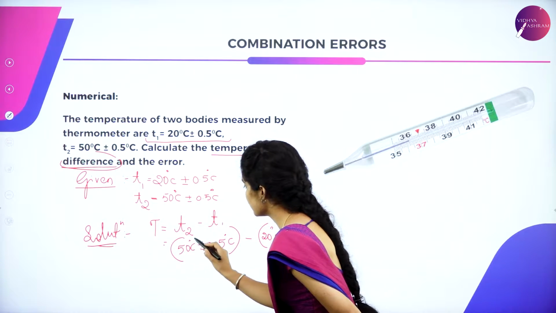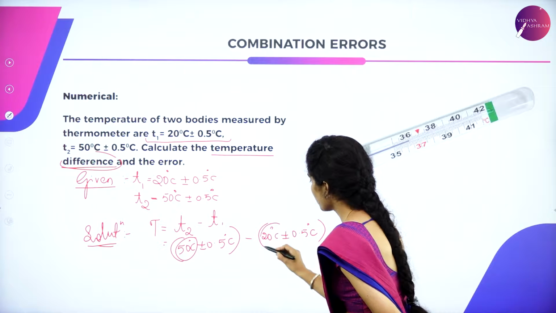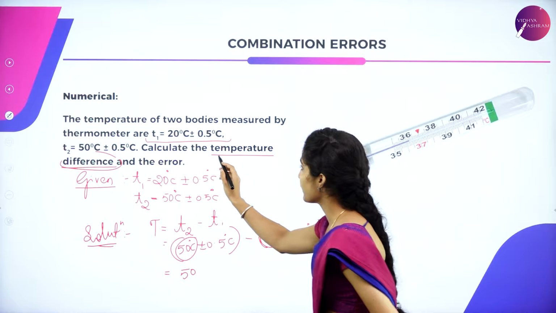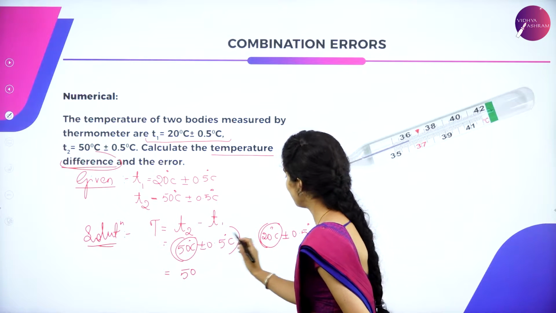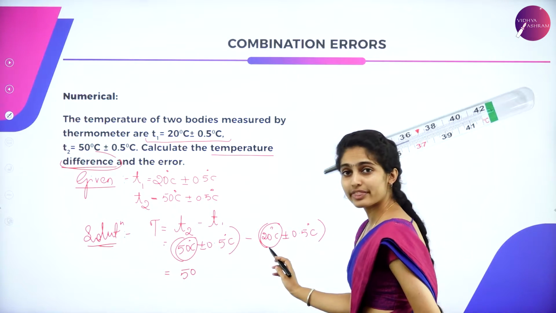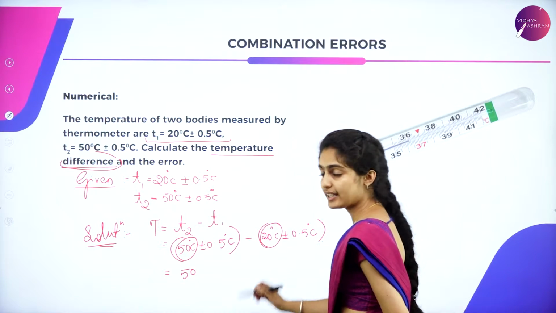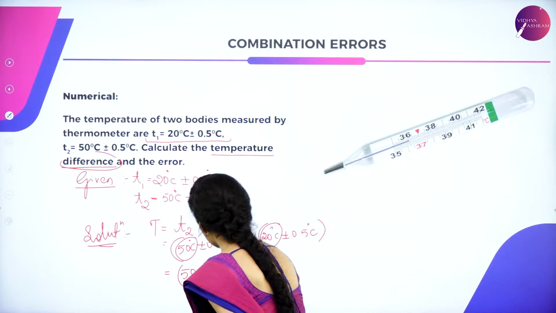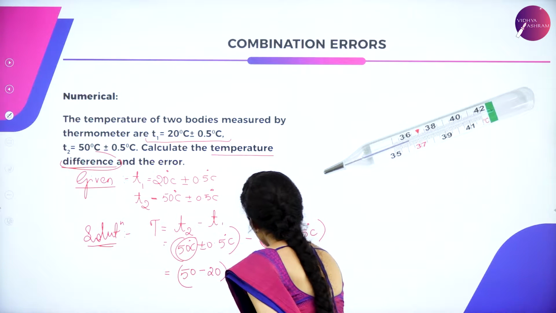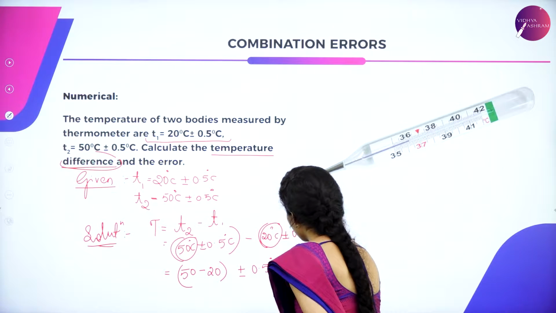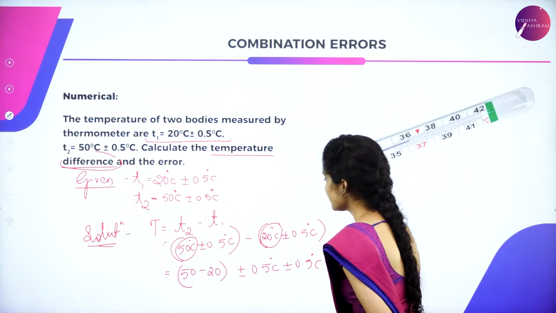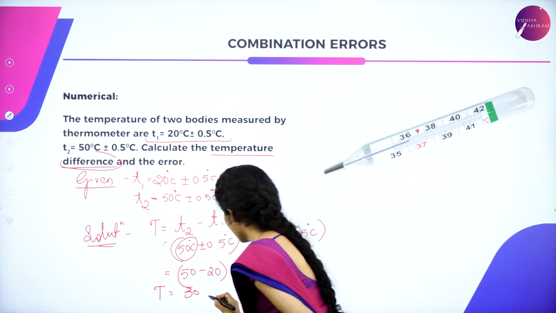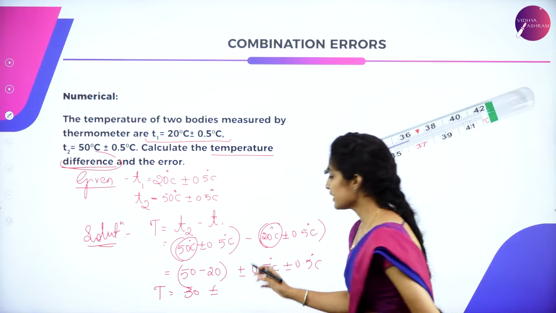Since they have asked for the temperature difference, you subtract the first temperature, 20 degrees Celsius, from the second temperature, 50 degrees Celsius. So 50 minus 20 gives you 30 plus or minus.